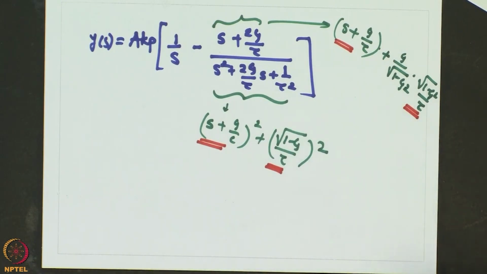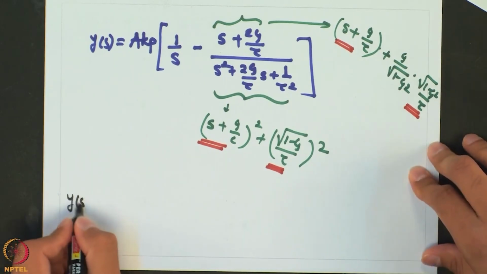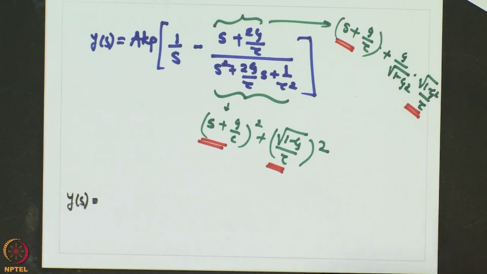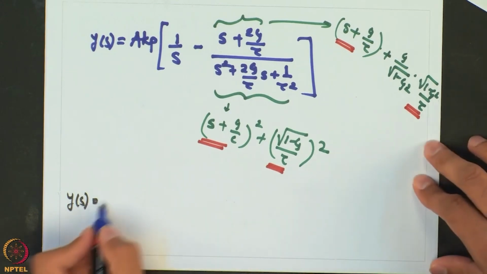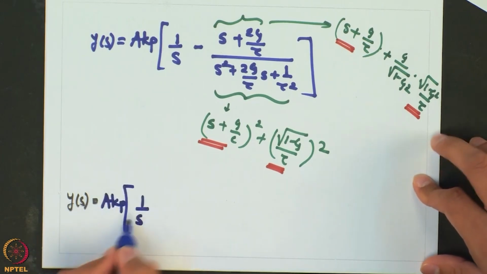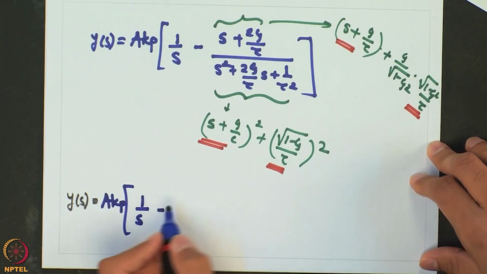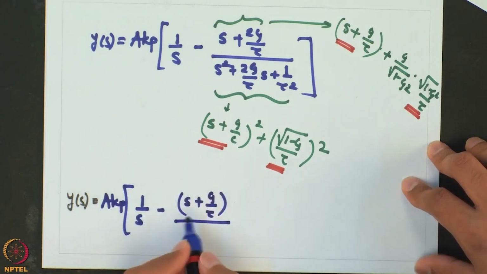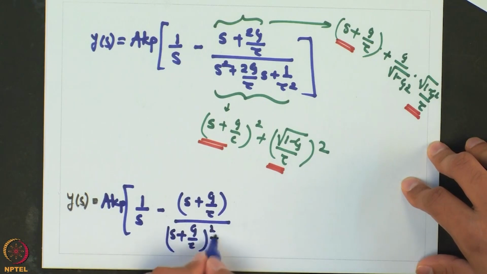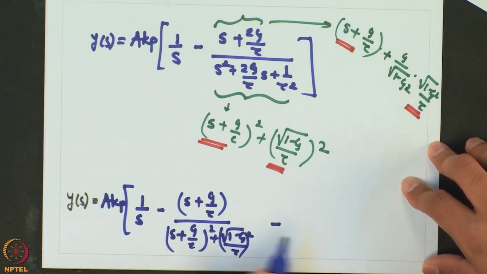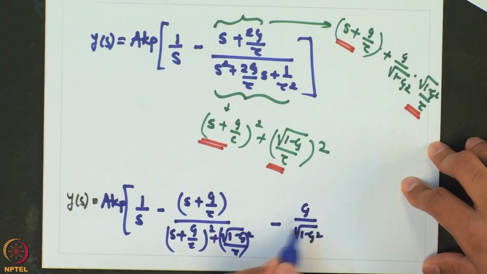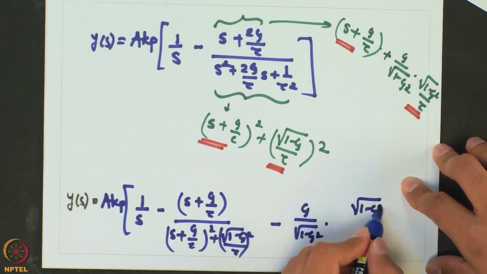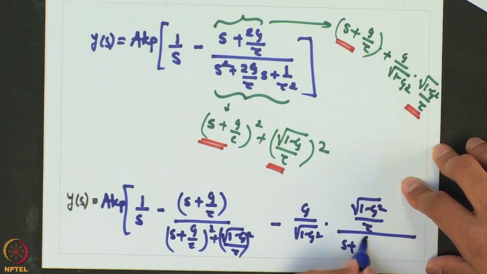So based on this, we will write this entire expression as Y(s) equal to A K_p [1/s minus (s + zeta/tau) over ((s + zeta/tau)^2 + (root of 1 minus zeta^2 over tau)^2) minus zeta over root of 1 minus zeta^2 times (root of 1 minus zeta^2 over tau) over ((s + zeta/tau)^2 + (root of 1 minus zeta^2 over tau)^2)].